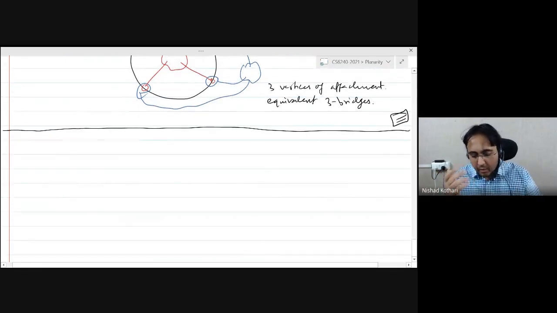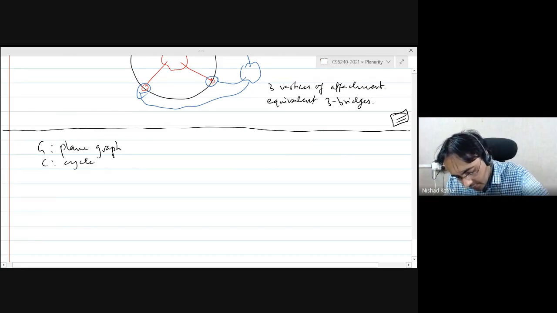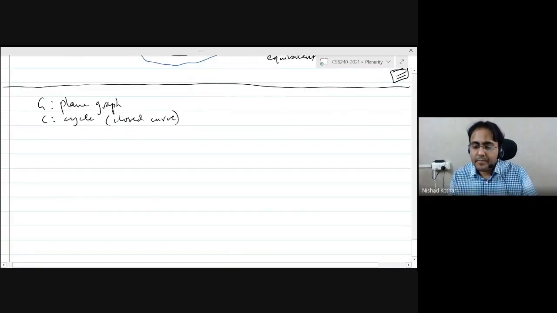Okay. But now, since our interest is planarity, let's now think of a plane graph and a cycle in the plane graph, which would be a closed curve, and think of bridges with respect to this cycle. Okay, so for the next discussion, G is a plane graph and C is a cycle. Therefore, it will correspond to a closed curve in the embedding, right?